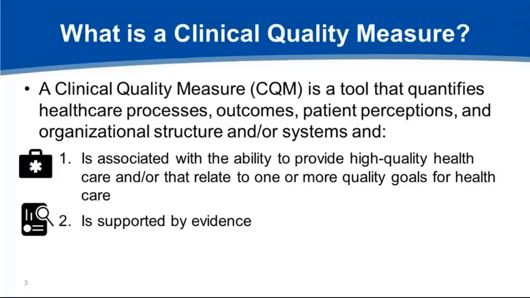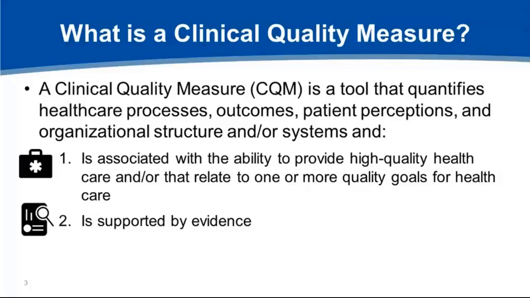Or a measure might track patient experience and really look at whether the patient was able to get the necessary appointment and care as quickly as they needed it. A measure could also track diabetes outcomes, and that might look at the number of hospitalizations or deaths attributable to poorly controlled blood sugar.